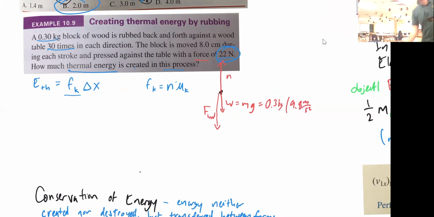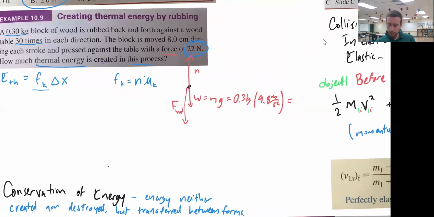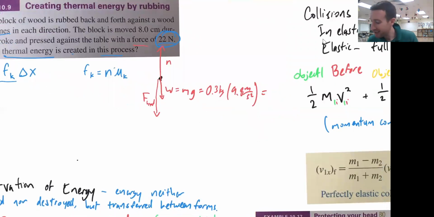Got that fun motion sensor light going on, which is equal to 0.3 times 9.8, 2.94. 2.94 newtons.